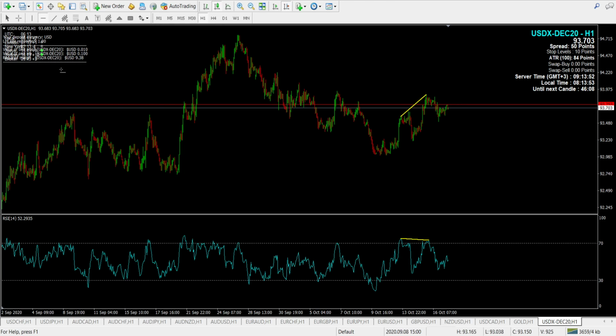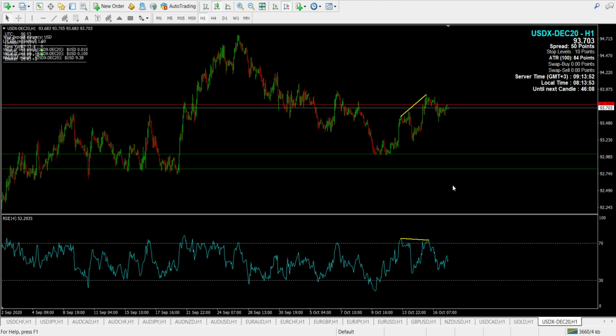So if we draw in a level somewhere here, and another level in here, we can definitely expect, at the very least, a move from there to there.